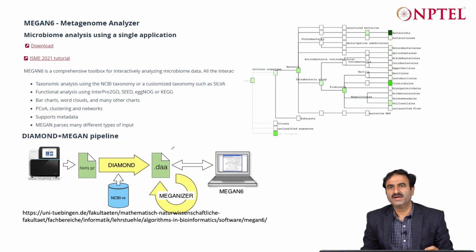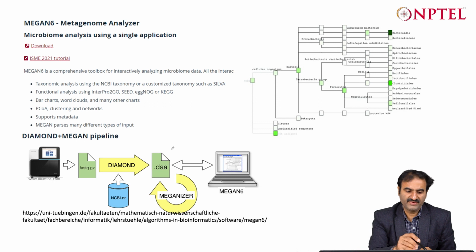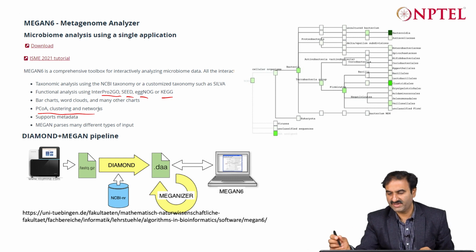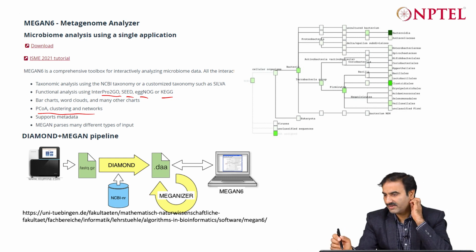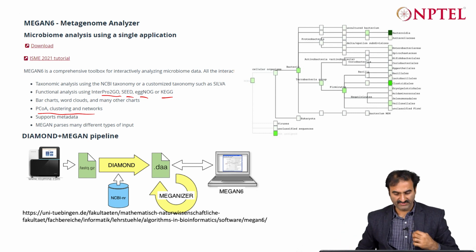It will do the clustering, and also the functional analysis using InterPro, SEED, eggNOG, KEGG, etc. Then it makes the PCA graphs and this kind of phylogenetic tree, where it also gives you the proportion of different species, and you can compare multiple samples here. So MEGAN, or MEtaGenome ANalyzer, is a very good tool that has been used in several studies for metagenomic analysis.